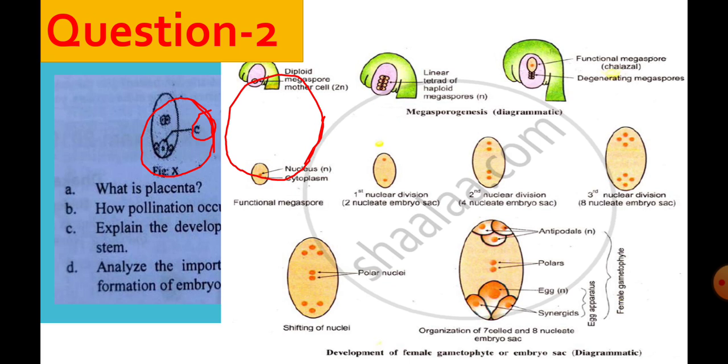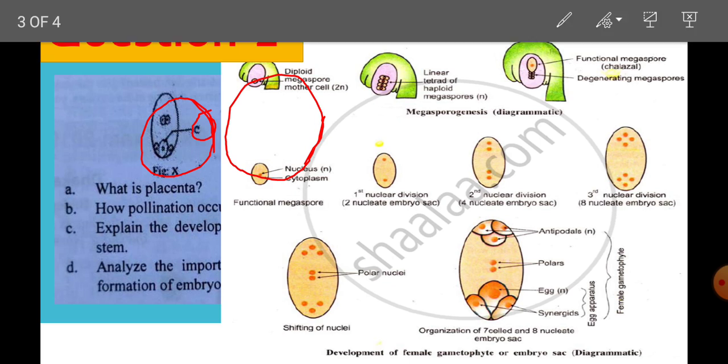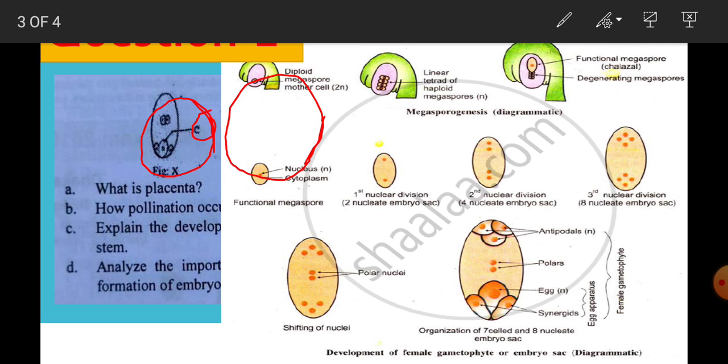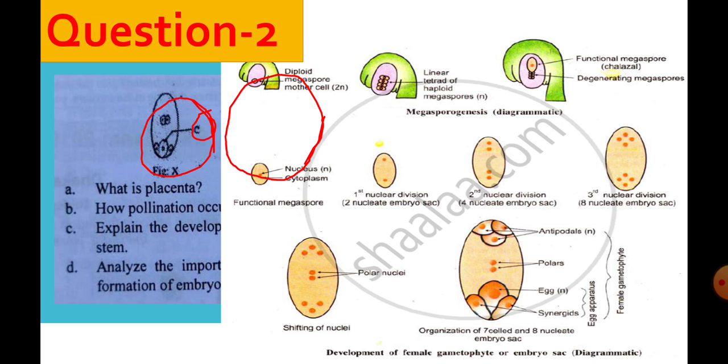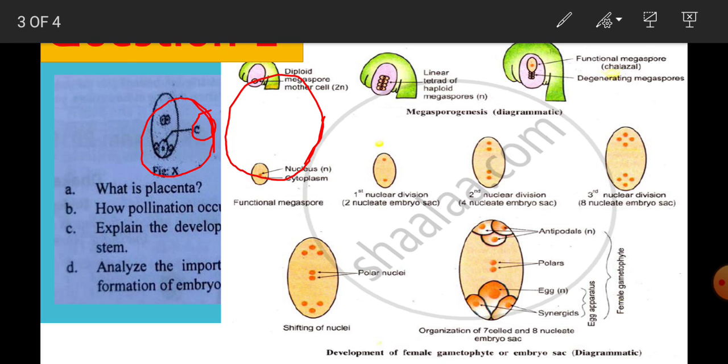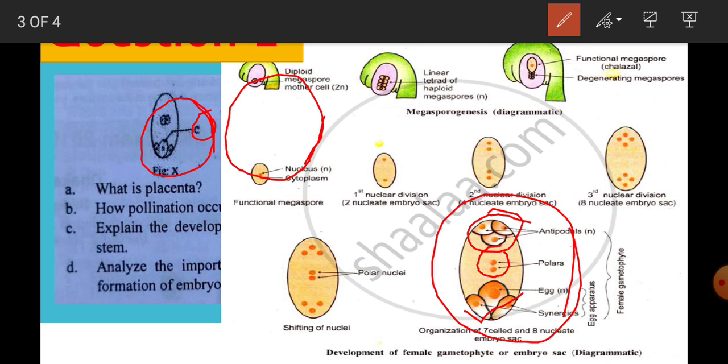Here you have seen that one megaspore mother cell by many steps gives rise to the embryo sac, in which 3 antipodal cells, 2 synergid cells, and 2 polar nuclei form the secondary nucleus, and in the middle the main egg develops.